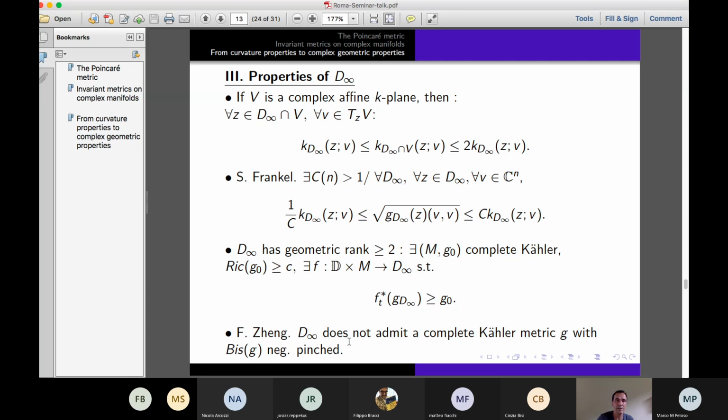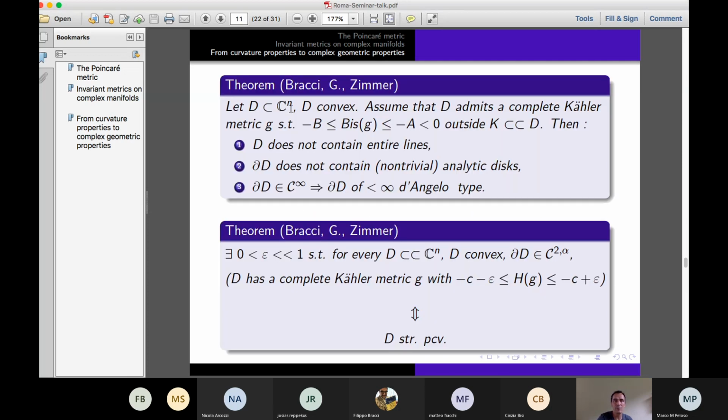The difficulty here is that, when you look at the assumption on your domain, we just assume that it admits a complete Kähler metric for which the holomorphic bisectional curvature is negatively pinched outside a compact set. But imagine you consider the images by your affine transformations.